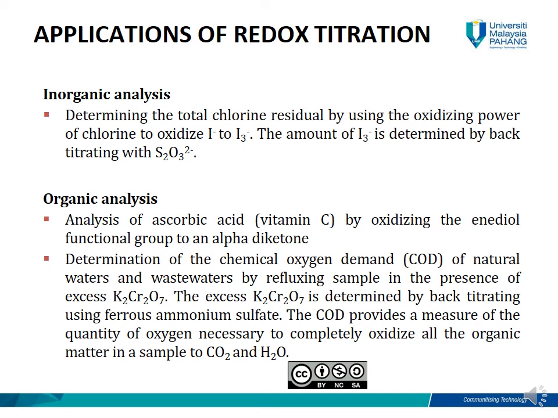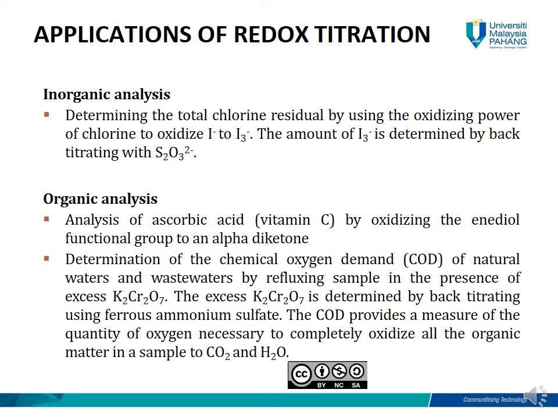Now we go to the last part of this chapter, the application of redox titration. In this application, we have two types of analysis, inorganic analysis and organic analysis. For inorganic analysis, for instance, determining the total chlorine residue by using the oxidizing power of chlorine to oxidize iodide ion to triiodide ion.